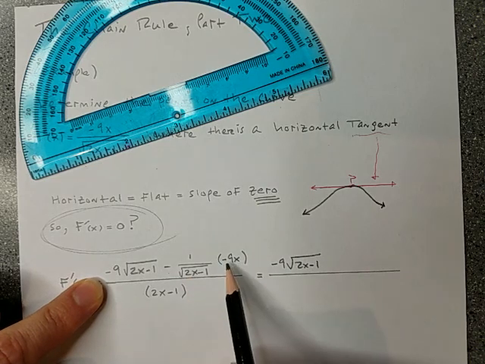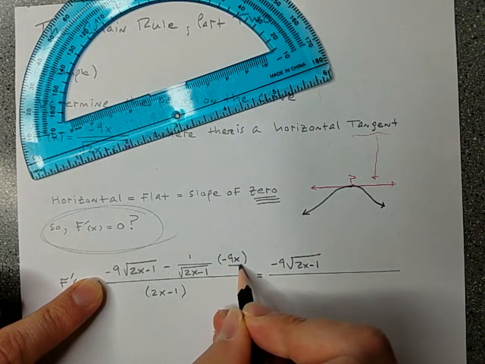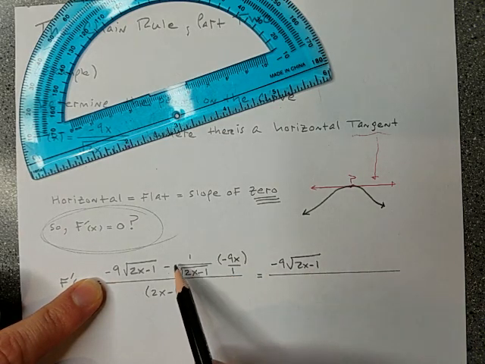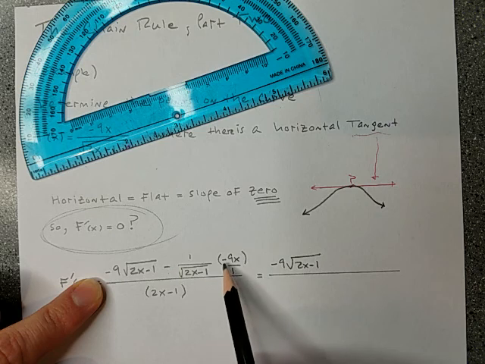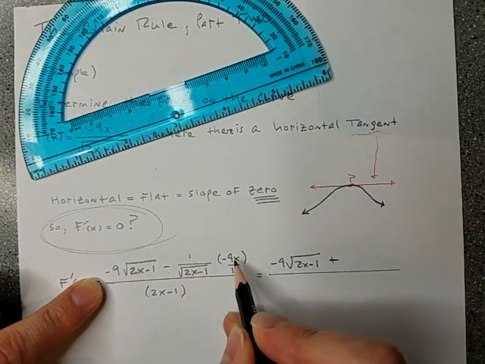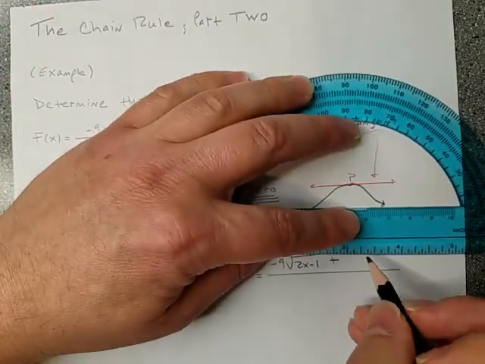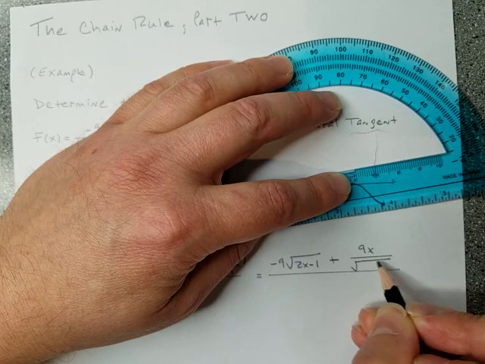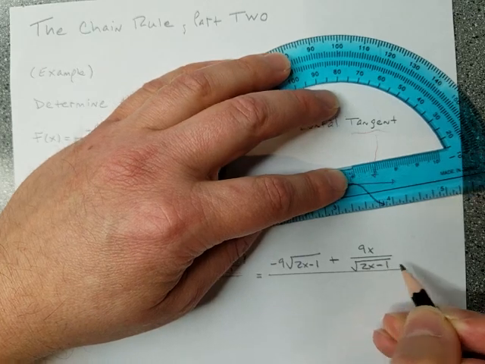But this is like 9x over 1, that's a fraction. If you really need it to be, negative 9x over 1 times negative 1 over root 2x minus 1. Well, a negative times a negative would be positive first of all, and I get a 9x on top, and a root 2x minus 1 on the bottom.